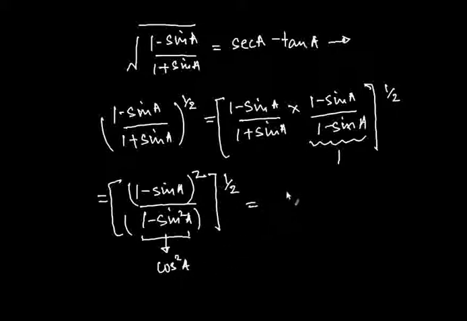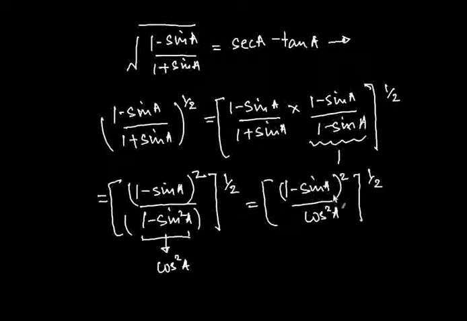So this becomes 1 minus sine A whole square divided by cos square A, this whole thing raised to the power half. So now what do we have? We've got two square terms. So we basically have a term like x square by y square under root. So this becomes equal to x by y, right?